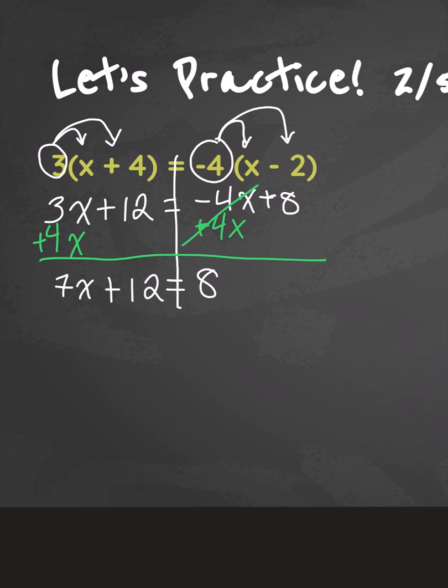All right. 2 steps and we're done. What's the first step? The 12? How do I get rid of the 12? Okay. And that's going to leave you with negative what? 7x equals -4?